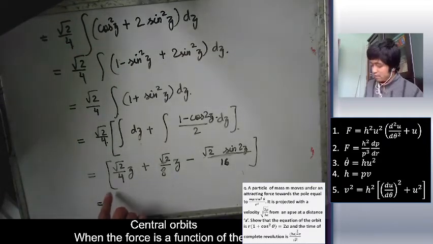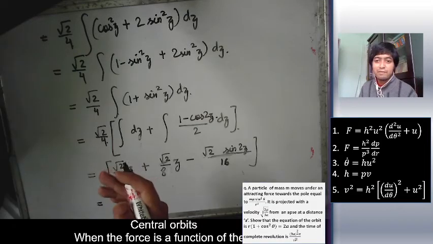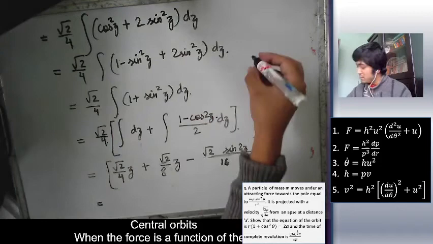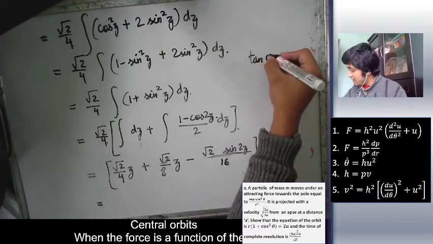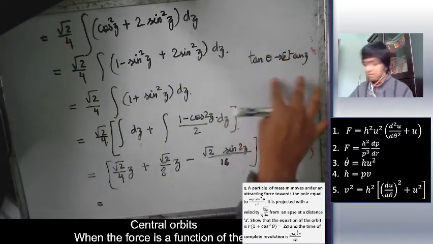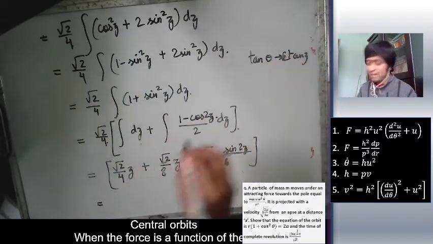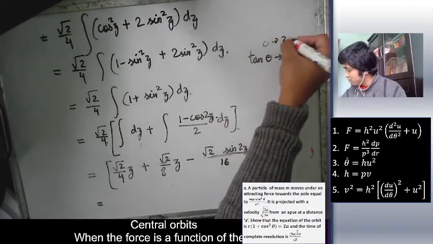Okay, so over here, if you remember, the limits were from 0 to pi, and because of our substitution from tan theta to tan z only, so from tan to tan, the limits won't change. Okay, because it is from tan to tan only, from 0 to 2 pi.